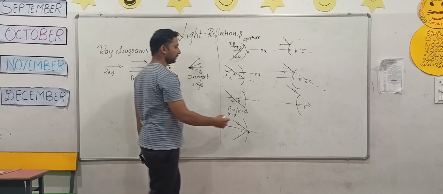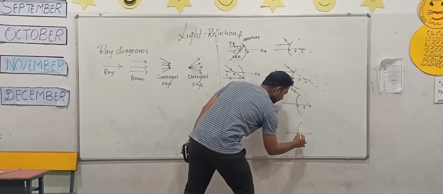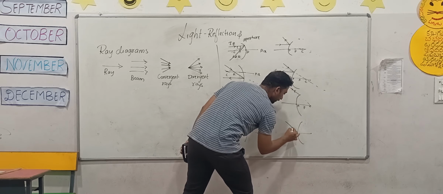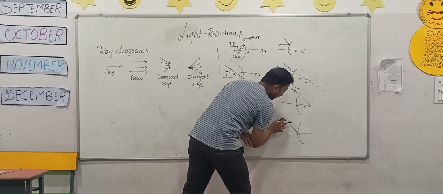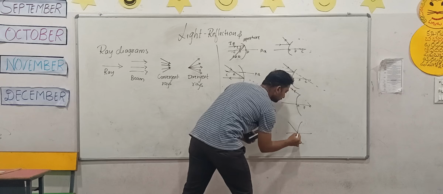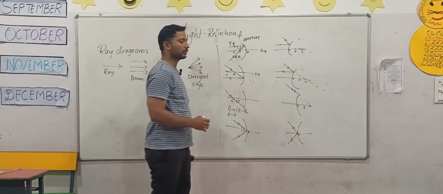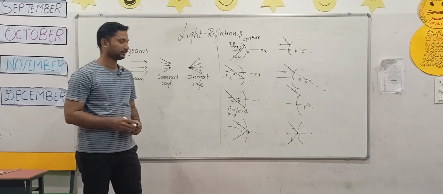Similarly, in the convex mirror also, the light which falls inclined to the point P bounces back from the point P, inclined.